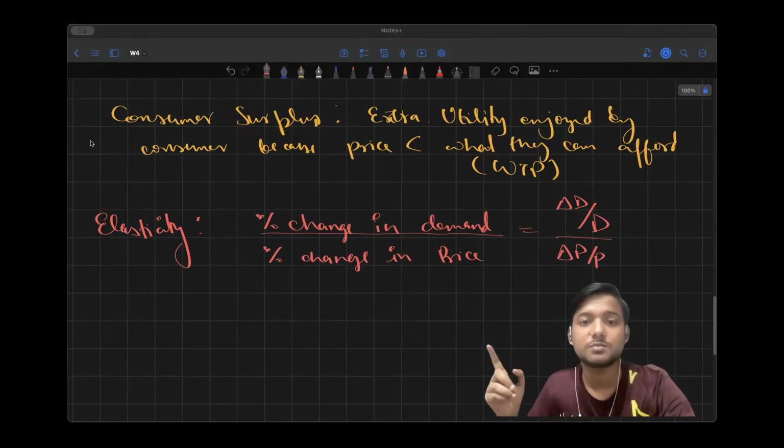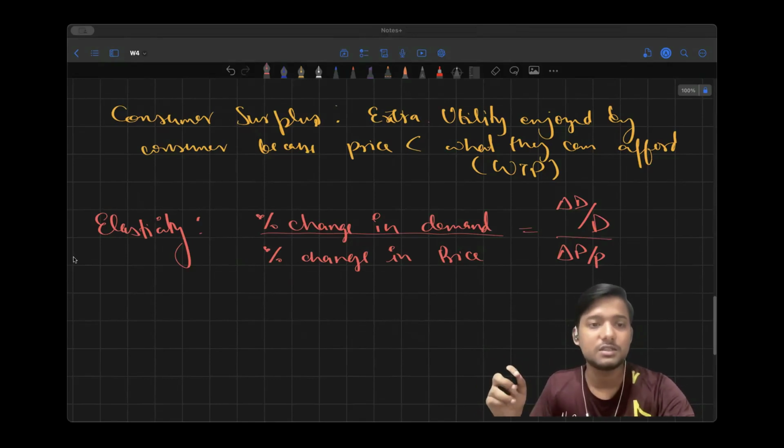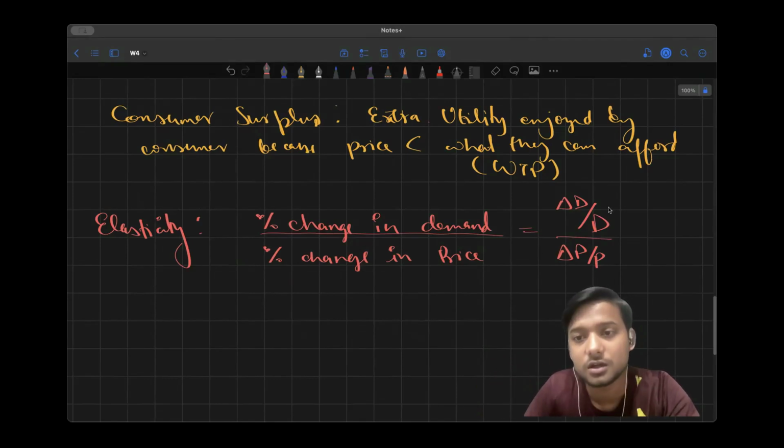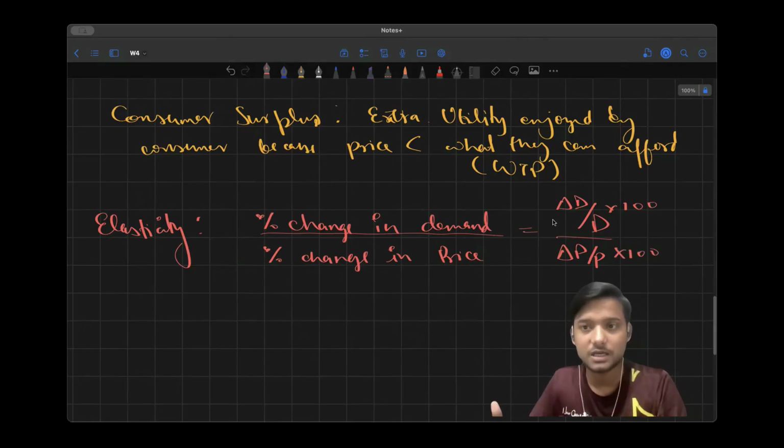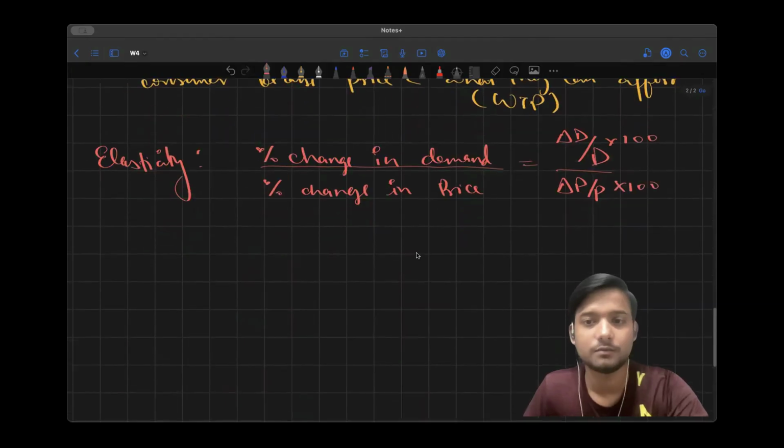The first thing says percentage change. Percentage means we are taking the difference. That means it is going to be change in my quantity demanded divided by my initial quantity. Similarly, this delta P says change in my price upon initial price, and the 100 would be cancelled because we are taking percentage. So you can also say it is going to be fractional change in demand divided by fractional change in price. Okay, both are fine.